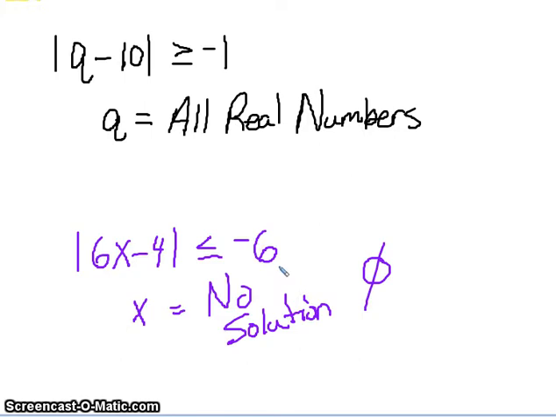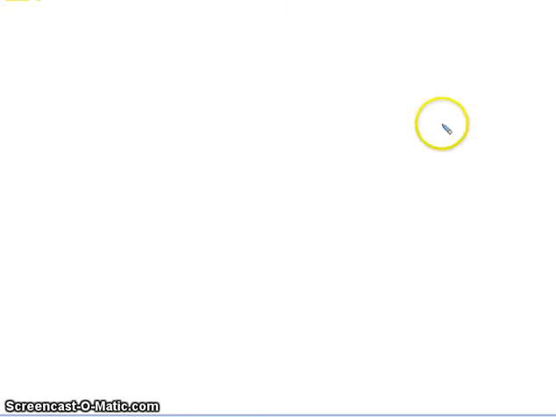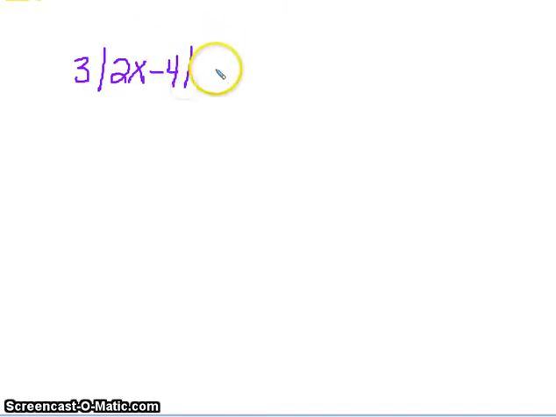Now just like with our absolute value equations, where sometimes we have to isolate the absolute value before we can split into the two equations, we have to do that sometimes with our inequalities. So if you have something like 3 times the absolute value of 2x minus 4, and then we're going to subtract 6, is greater than 12, we have to isolate the absolute value before we can split into two equations.